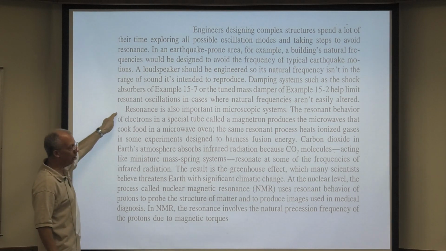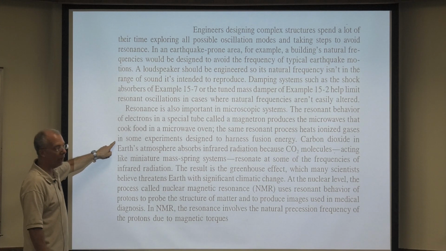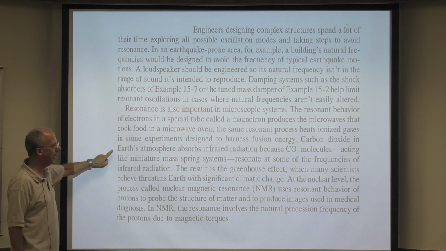Resonance is also important in microscopic systems. The resonant behavior of electrons in a special tube called a magnetron produces the microwaves that cook food in a microwave oven. The same resonant process heats ionized gases in some experiments designed to harness fusion energy. Here's one, climate change.